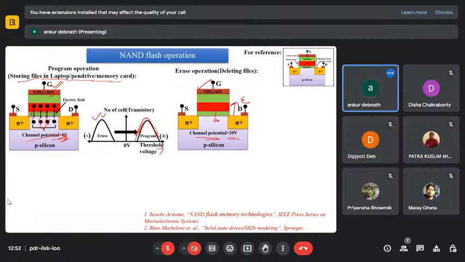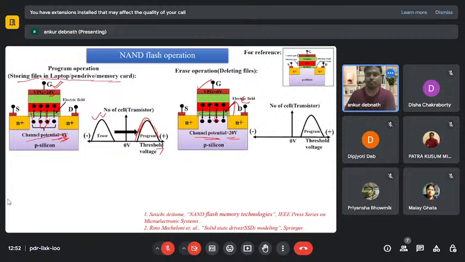See this. Now in this direction, you can see the electron is moving from floating gate to channel. So there will be no electron here, which means you are erasing. The same thing, this is the cell distribution actually. So if it is programmed, then after applying this bias condition, the distribution will come here.